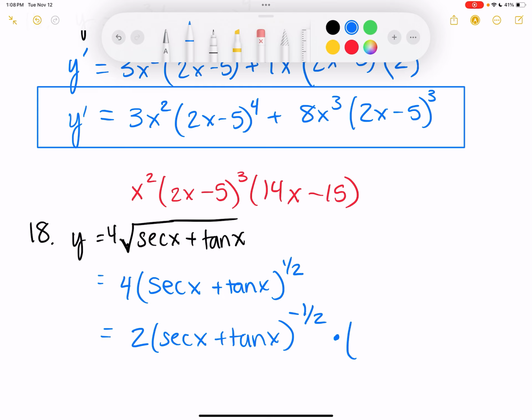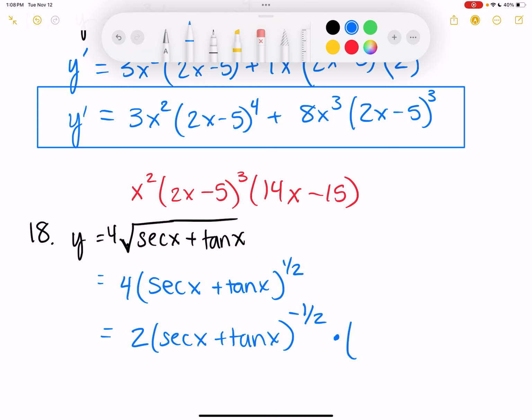Wait, hold on. Let me see. Does it start with 2? What is the derivative of secant? The derivative of the inside. Ignore everything except for what's in parentheses.